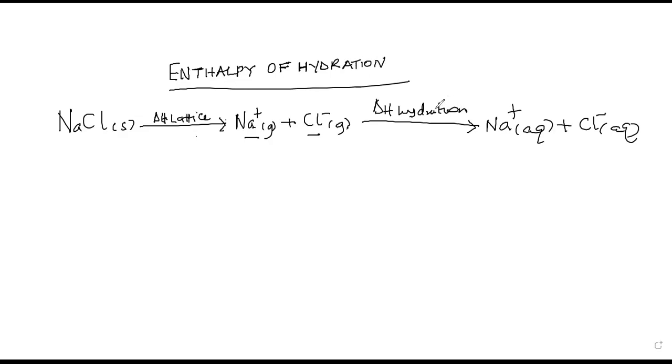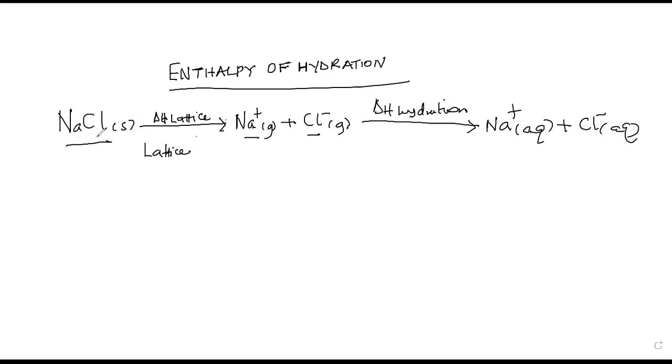So it is the ionic solid first. When dissolved in water, it is separated into the ions, and that energy is called the lattice dissociation enthalpy. One can call it lattice dissociation enthalpy or enthalpy of lattice, or one can call it lattice energy.